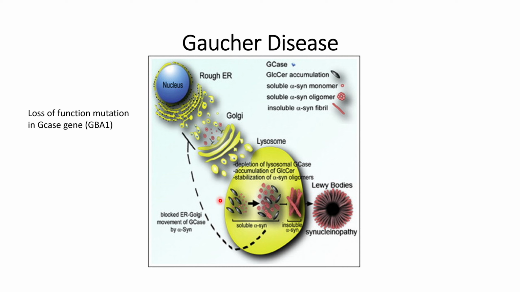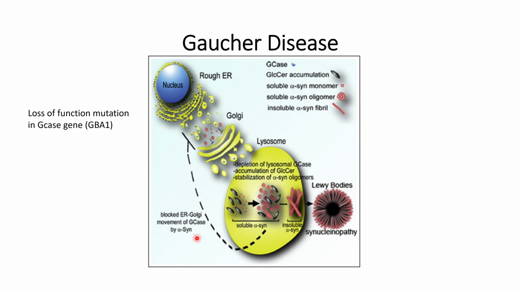In type 2 and type 3 disease, neurodegeneration of the central nervous system occurs. In type 2, this neurodegeneration occurs rapidly, and in type 3, it occurs in a chronic manner.